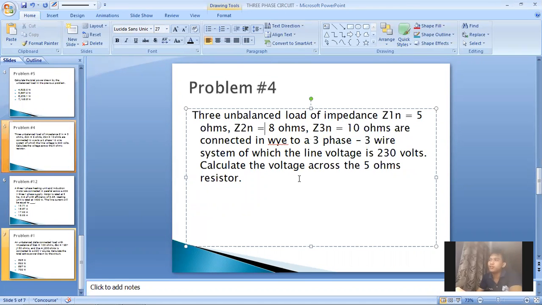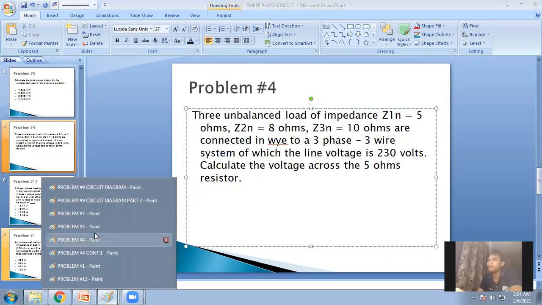Three balanced loads of impedance Z1N equal to 5 ohms, Z2N equal to 8 ohms, Z3N is 10 ohms, are connected in Y to a three-phase, three-wire system of which the line voltage is 230 volts.